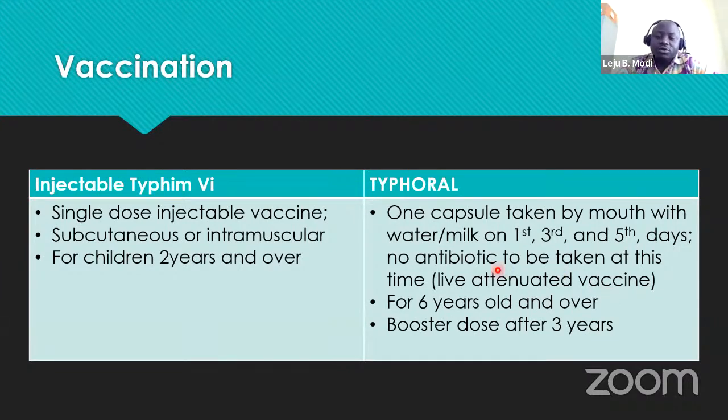So if somebody is also adding on other antibiotics, they might completely finish this vaccine, the weakened bacterium, and then it will not give the effect that is required. This one is given for people who are 6 years and over, but it will need a booster dose after 3 years.